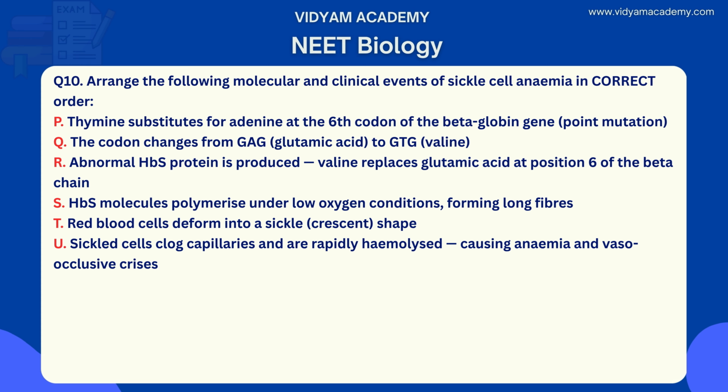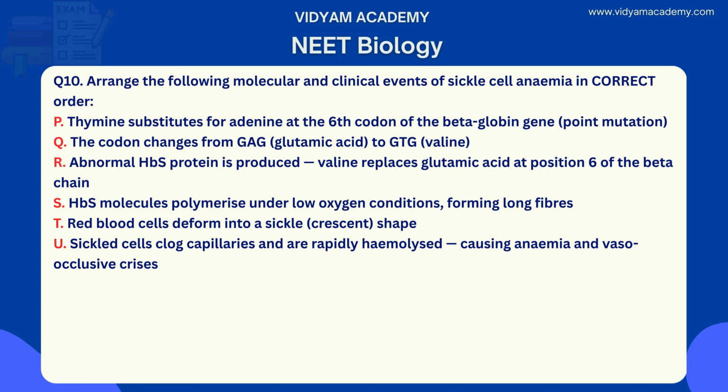Valine replaces glutamic acid at position 6 of the beta chain. S. HbS molecules polymerize under low oxygen conditions, forming long fibers. T. Red blood cells deform into a sickle crescent shape. U. Sickle cells clog capillaries and are rapidly hemolyzed, causing anemia and vaso-occlusive crises.